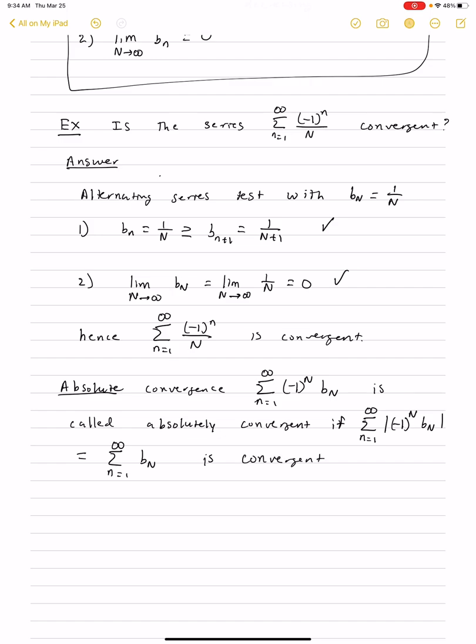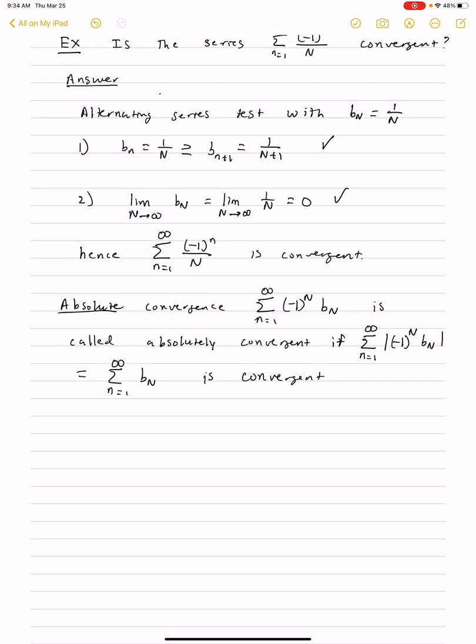Otherwise, the series is called conditionally convergent. That is, if it converges, but it needs that alternating part.